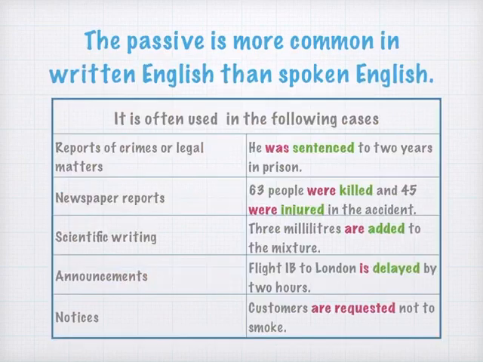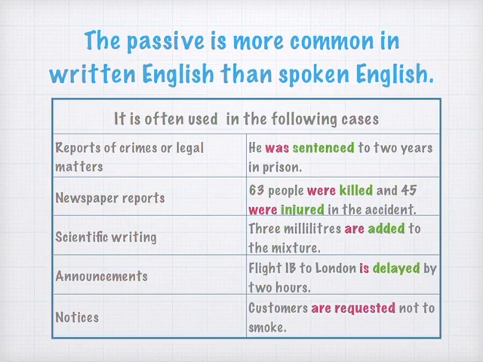¿Vale? Now, the passive is more common in written English than spoken English, and it is often used in the following cases. For reports of crimes or legal matters, para informes, sobre todo de crímenes o de asuntos legales, ¿no? Miramos el ejemplo. He was sentenced to 2 years in prison.